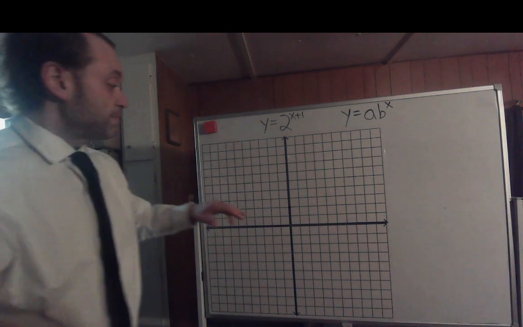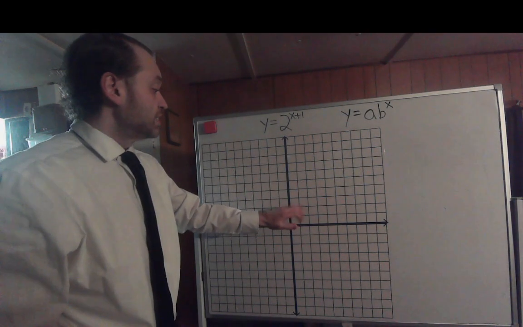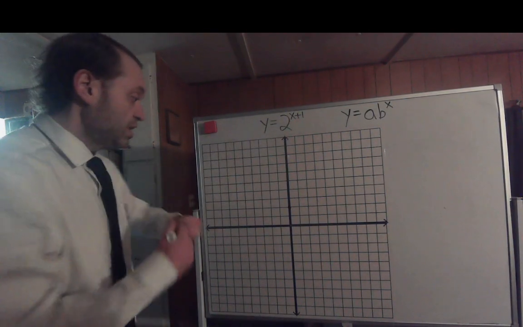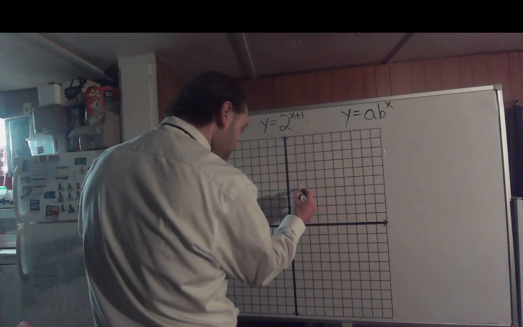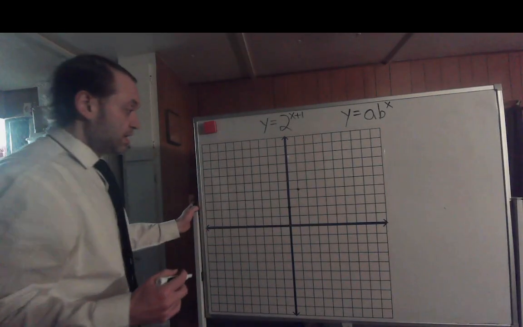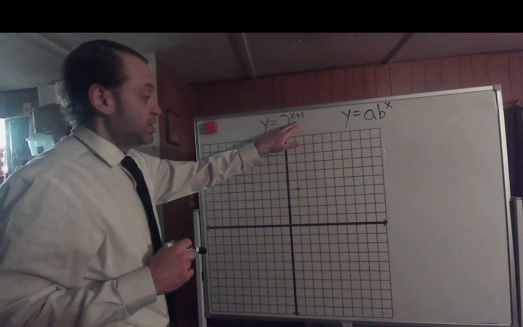Alright, so then let's see, x is 1, so 2 to the 1 plus 1 is 2 squared, which is 4. So at 1 you're already all the way up to 4. And then let's put in x being 2.